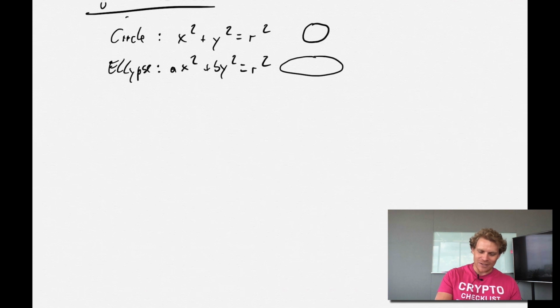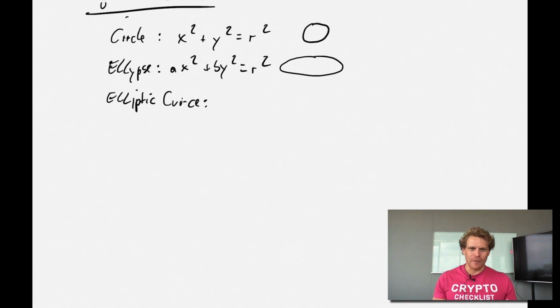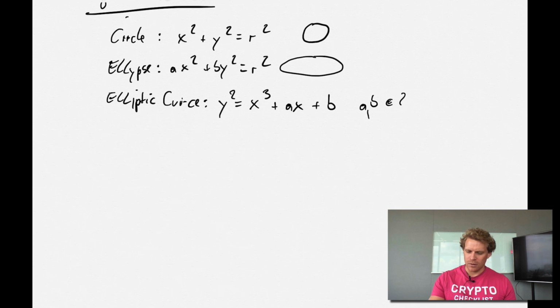And now we get to something called an elliptic curve. An elliptic curve has a similar formula: y squared equals x cubed plus ax plus b. There are some conditions relevant to this. For example, a and b need to be elements of the group.